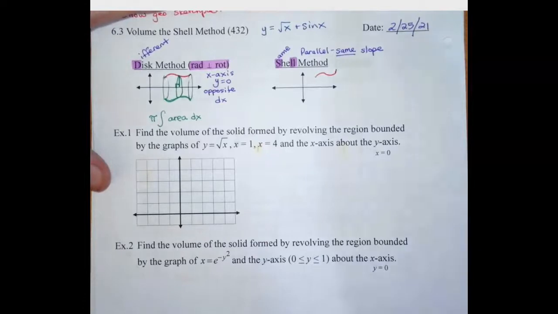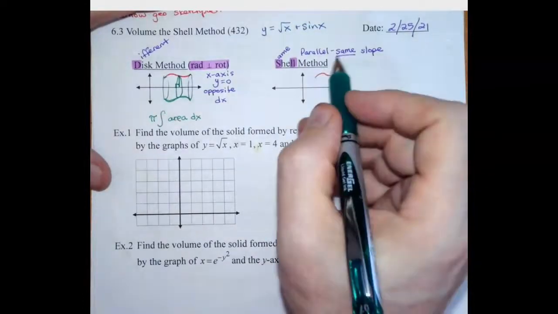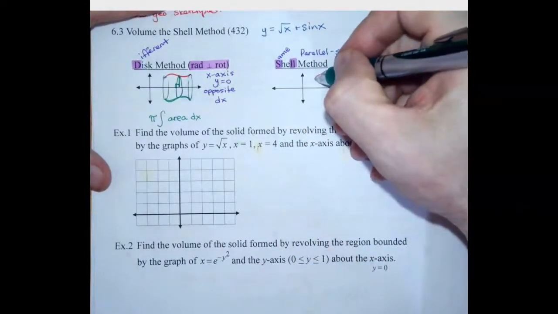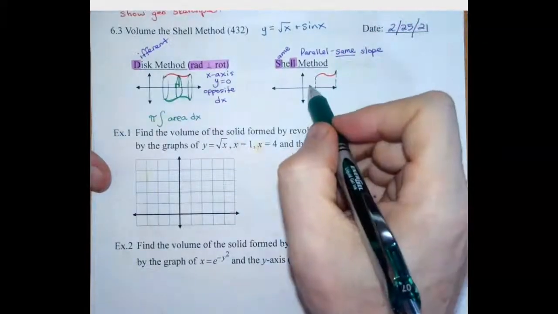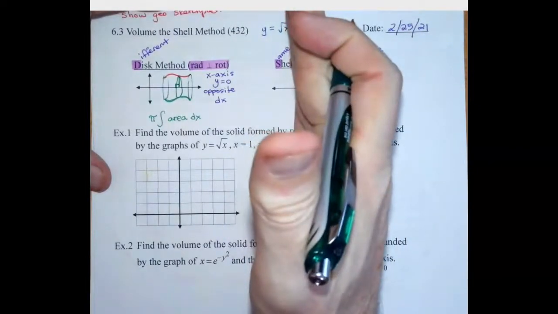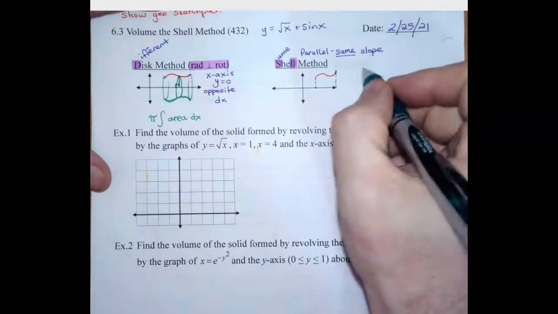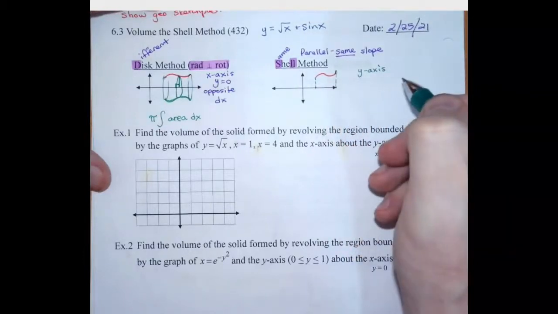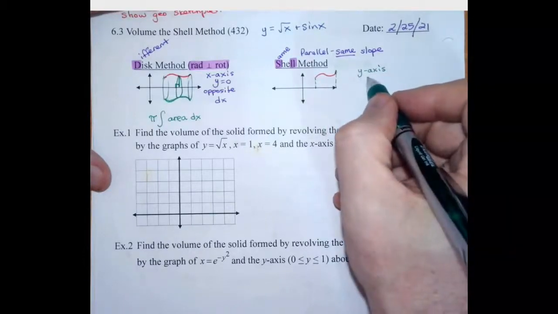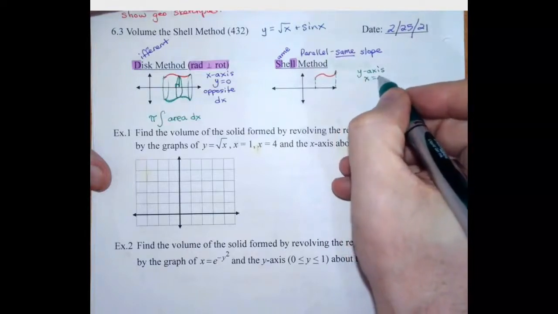Now if we move over here and we do the shell method, what happens is we're going to revolve around x equals 0, the y-axis. Okay, and so y-axis is x equals 0.